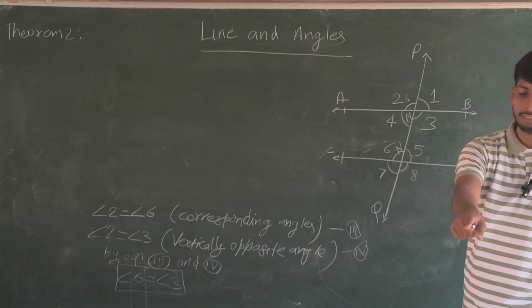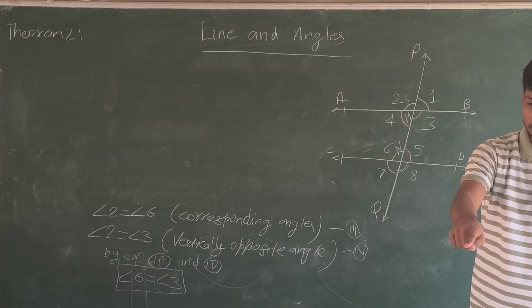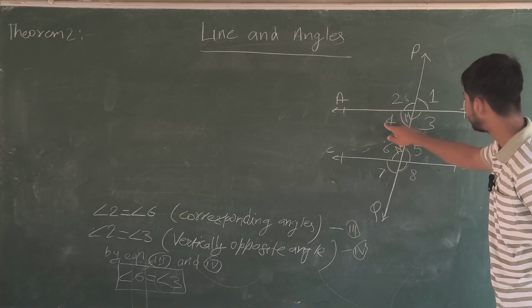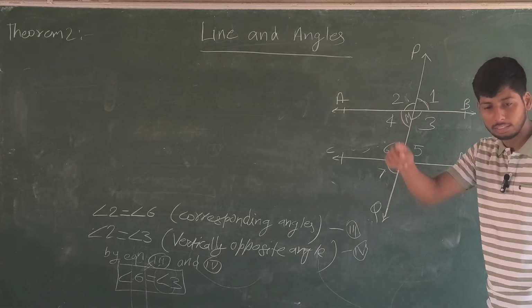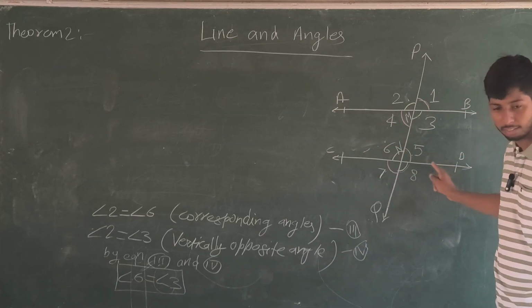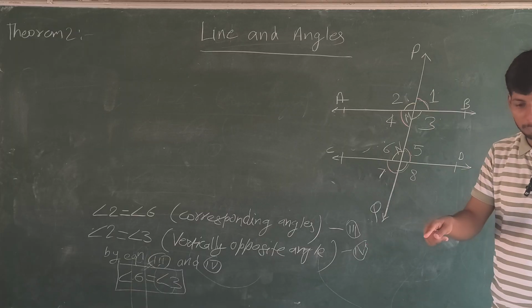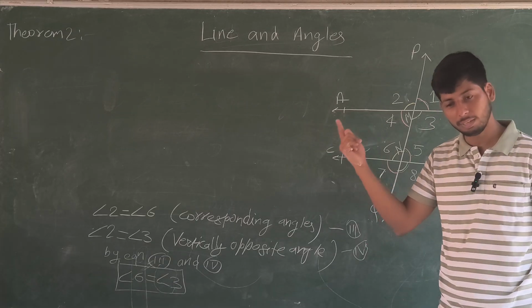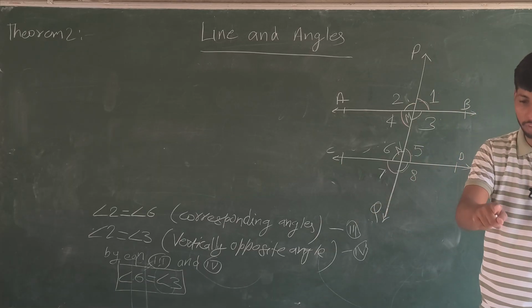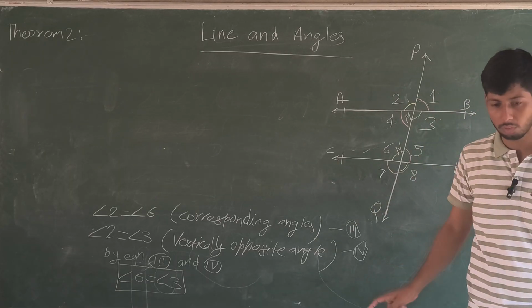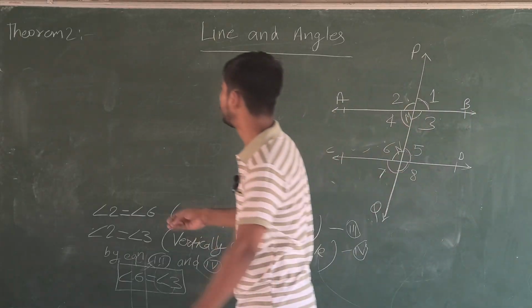And in the first theorem, we had to prove that angle 4 is equal to angle 5, but in this theorem, this is given. What we had to prove in the first theorem is already given in this theorem, and what was given in the first theorem, we have to prove in this theorem. That is just opposite.